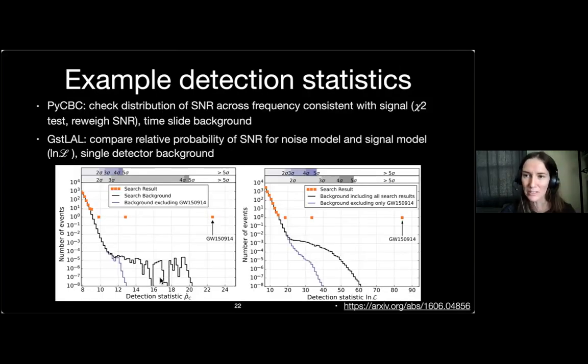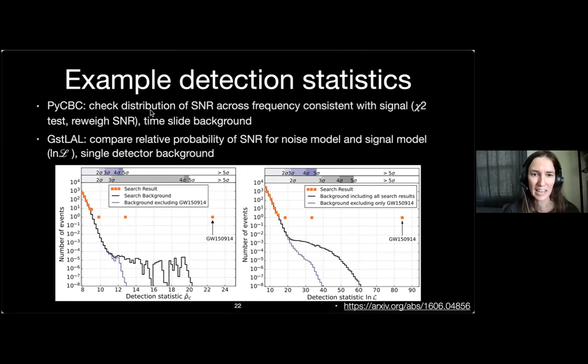So to do this, there are a variety of search pipelines. Some of the original ones from the LIGO and Virgo scientific collaborations use different detection statistics to consider when one of these template matches exceeds the threshold and estimate its astrophysical significance.